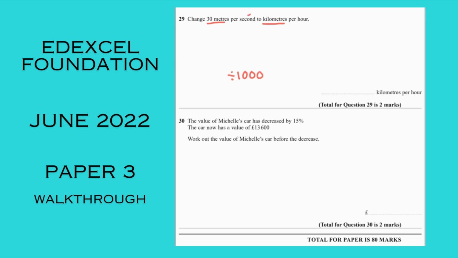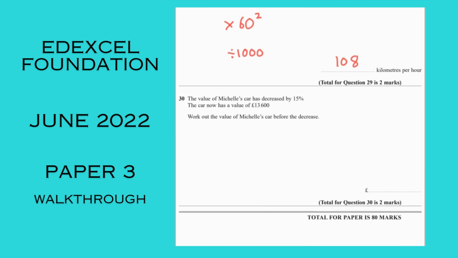But then when you go from seconds to hours, it means in a longer time, you can do a lot more, as in cover a lot more distance. So that's why that is a multiply. So times 60 takes you to minutes, times 60 again takes you to hours. So it doesn't matter which order you do them in, as long as you get to 108.